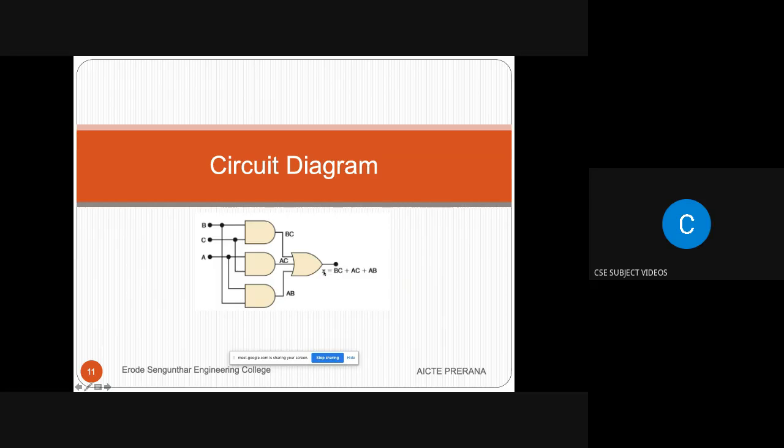B and C are connected to an AND gate, A and C are connected to an AND gate, and A and B are connected to an AND gate. The outputs of the AND gates are given as inputs to the OR gate. The final output from the OR gate is the expression X equal to BC plus AC plus AB. In this way we draw the circuit diagram.